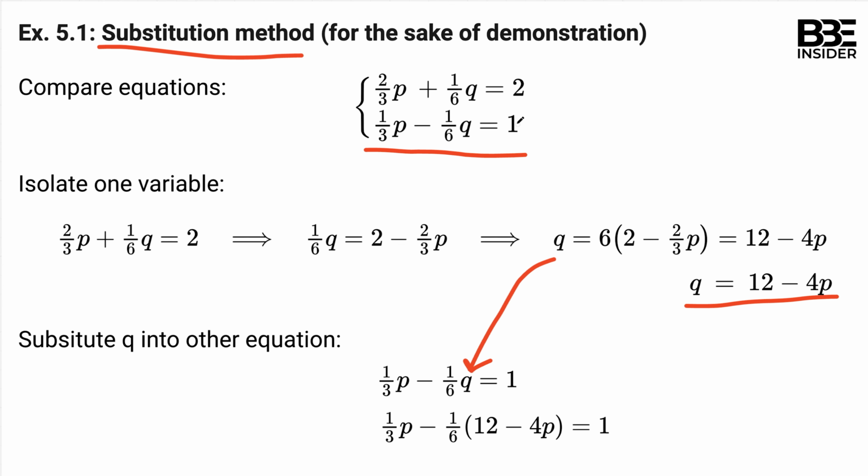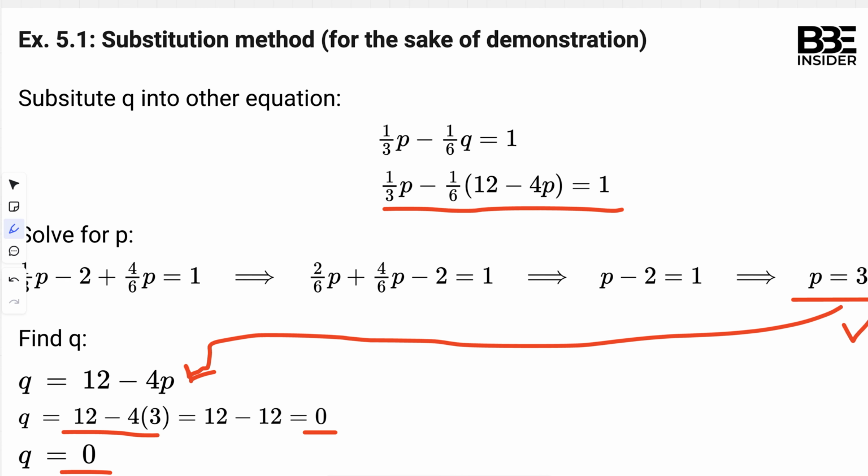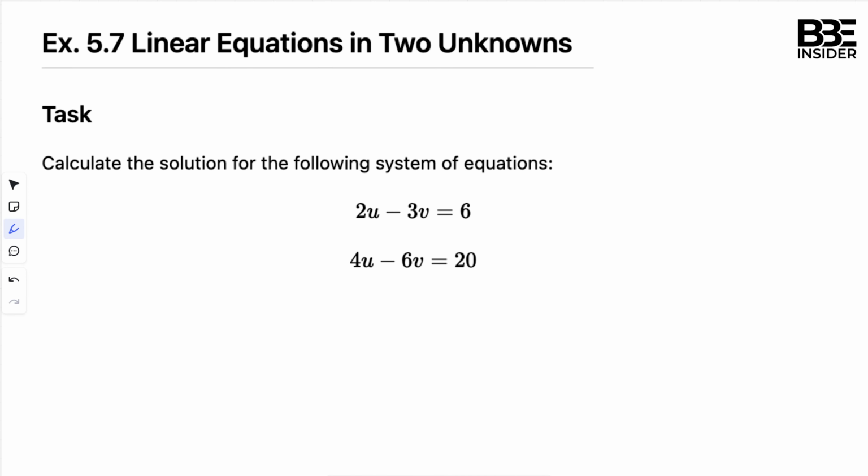If it matches, then we have a proper solution. If it doesn't, we made a mistake and need to revise our calculations. I won't do it for the sake of time, and now we will go to the second set of equations.